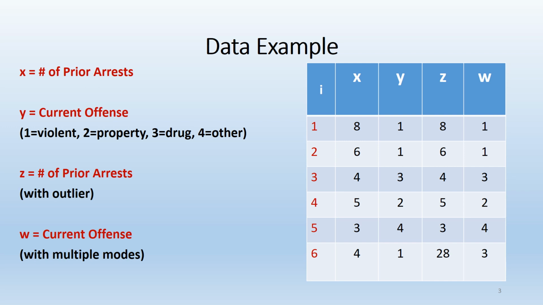We'll talk about the impact that can have when trying to summarize that particular variable. So let's use these four variables, x, y, z, and w, and walk through three different types of measures of central tendency, talk about how to compute them, and also talk about the advantages and disadvantages of each one.